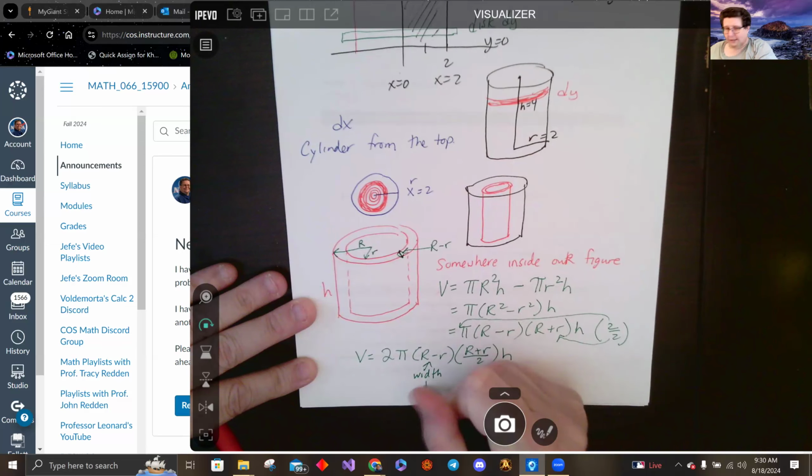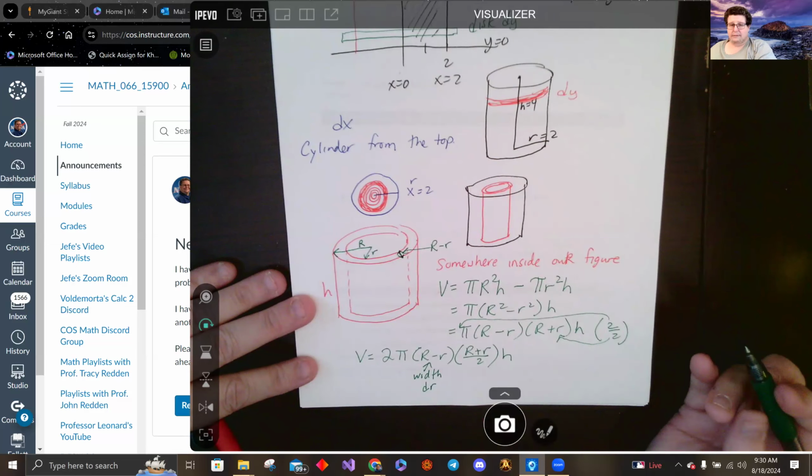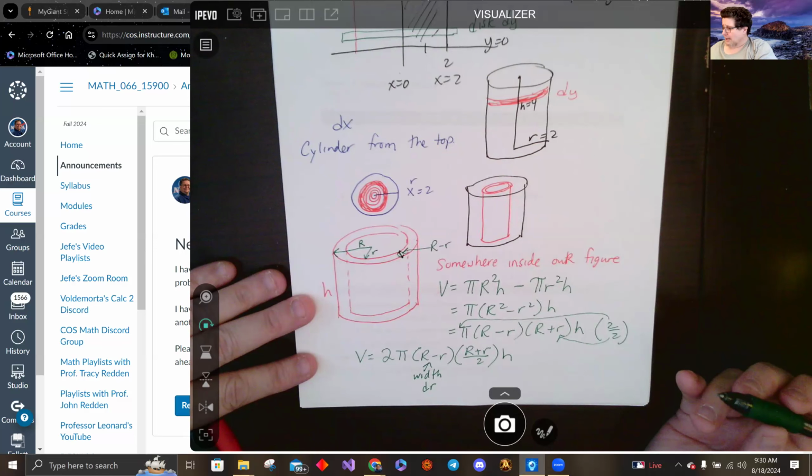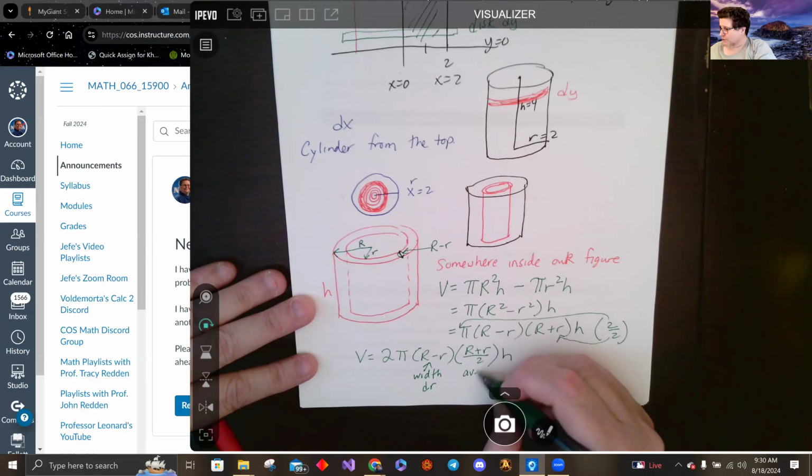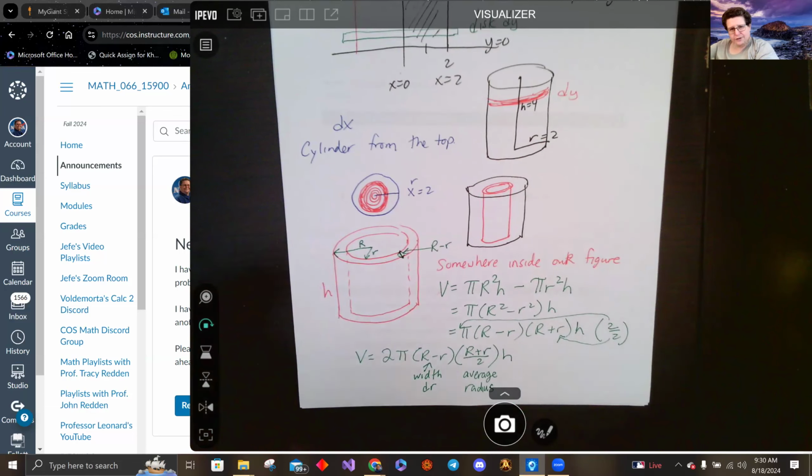This is like dr. And when we take two things and add them up and divide by 2, this is actually the average. So this would be like an average radius, which is helpful if we're trying to do integration and we make this a really super thin shell.